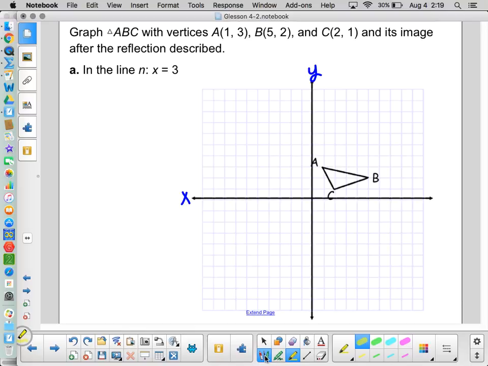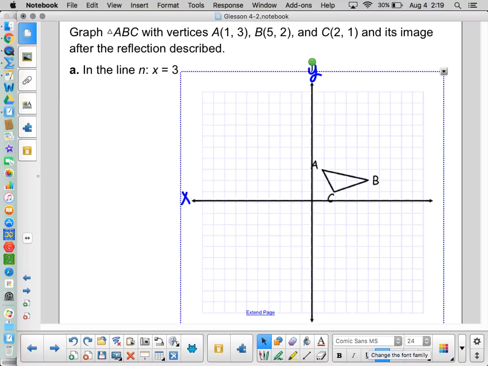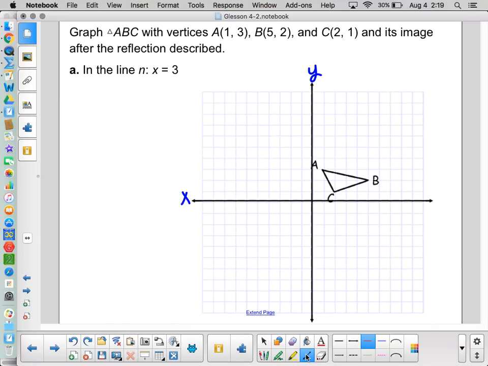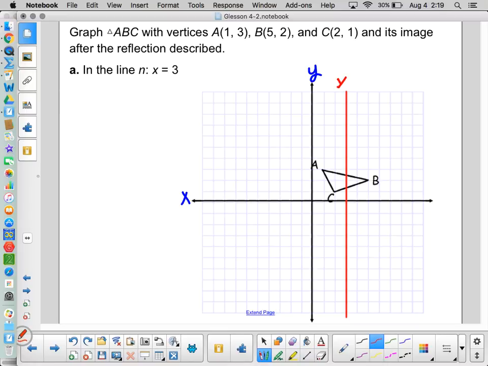If I go back to my pencil tool here, where x equals 3, right there. That's the line x equals 3. An x equals line is perpendicular to the x-axis. A y equals line is perpendicular to the y-axis. So it's perpendicular to the axis of the same name.